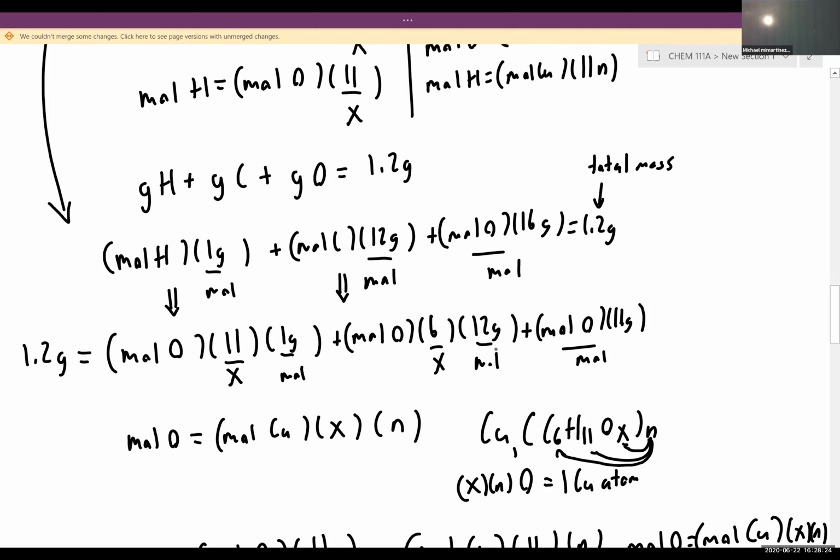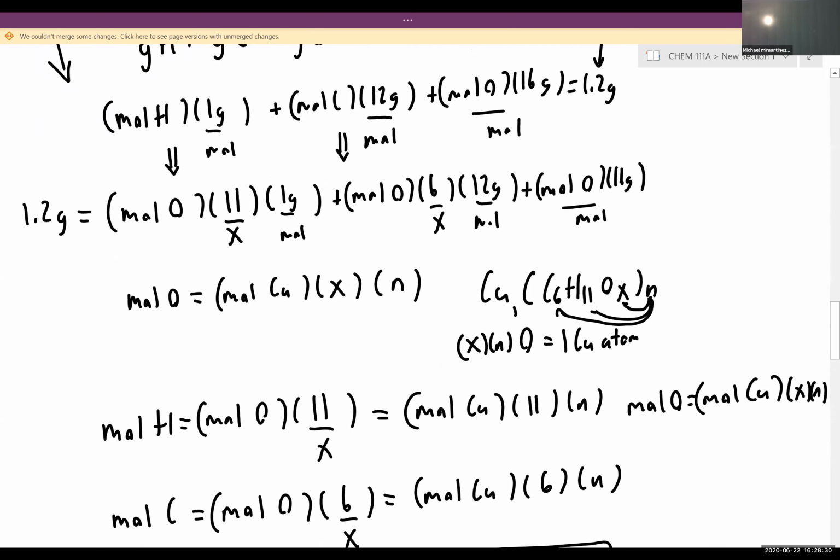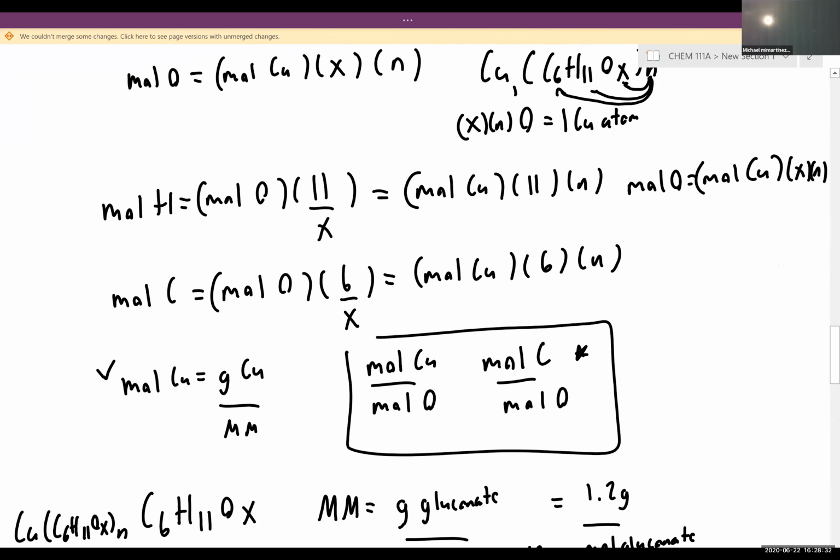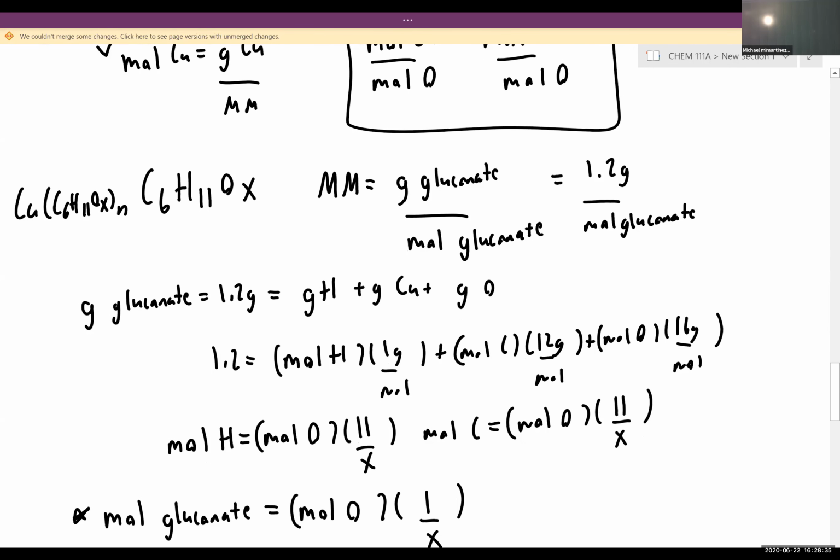But we get stuck dealing with X and N. So what we can do is look at our formula, look at gluconate, and say, well, we know that the molar mass of gluconate is equal to the grams of gluconate, that we know, and the moles of gluconate, which we can figure out. So we plug in our grams of gluconate.